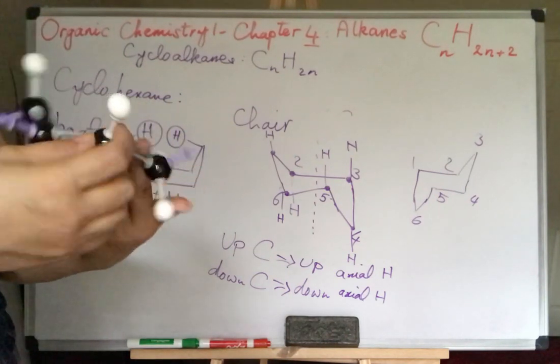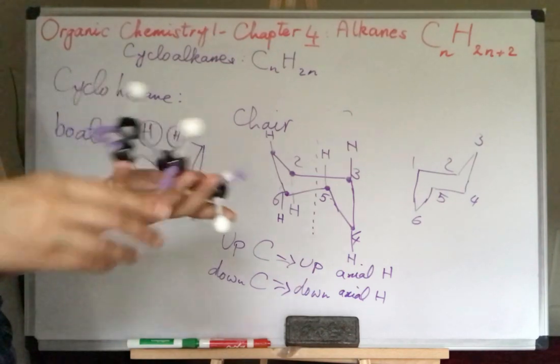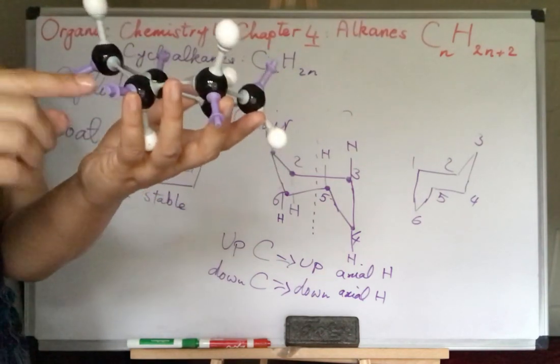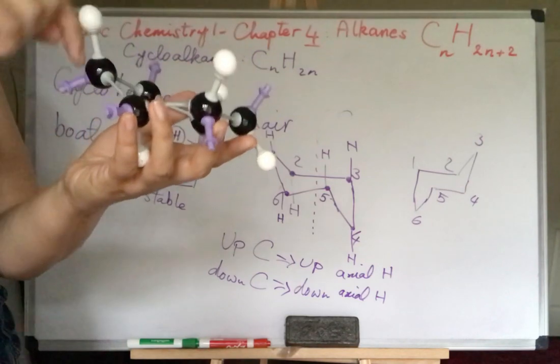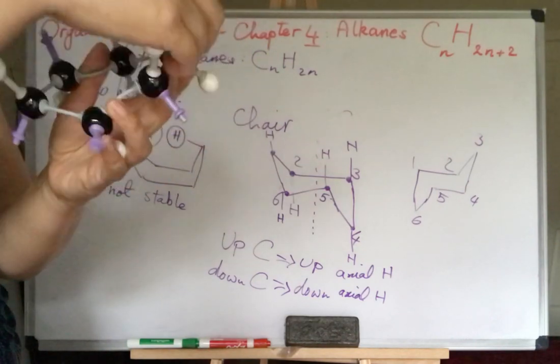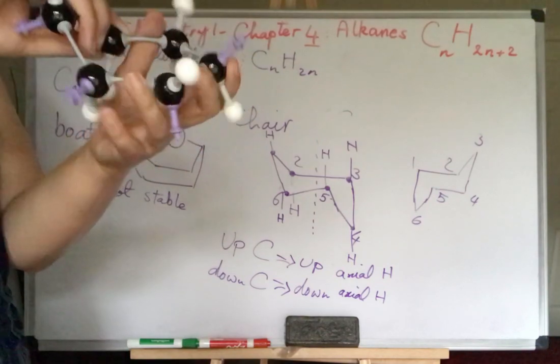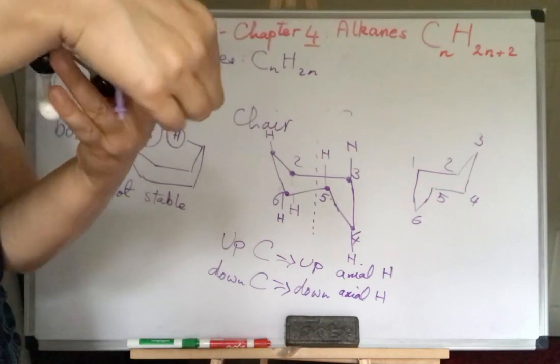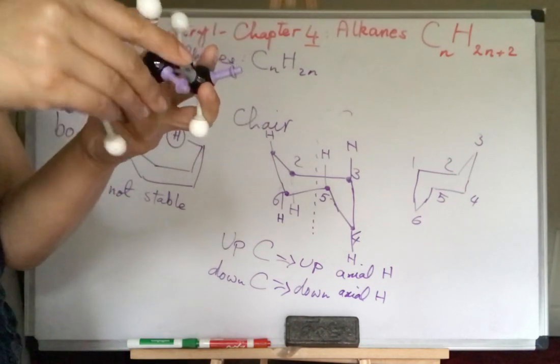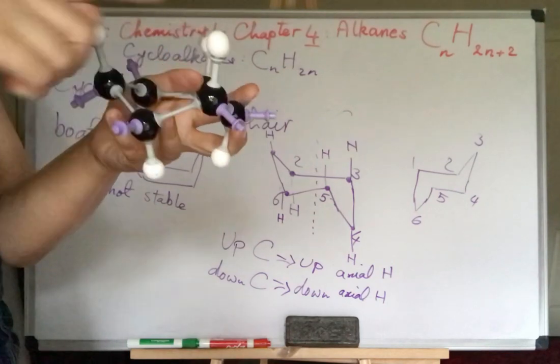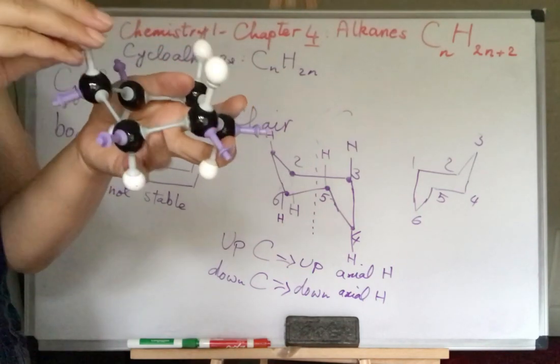All right. Now, look at the rest of the bonds, the colored bonds. You see, they look like a belt around the molecule. Do you see them? Axials are up and down, right? The white hydrogens.